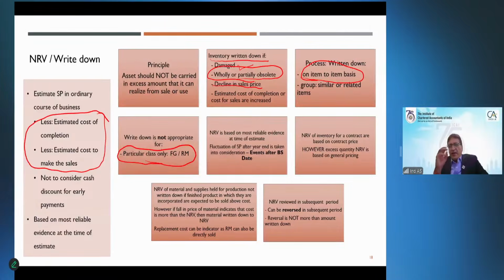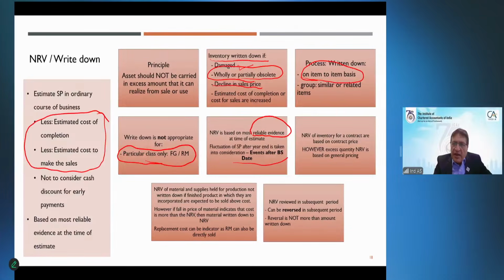In this case, you just can't do that. I would only take a particular write down or NRV testing of only a particular item or particular type of item. NRV testing has to be done on an item to item basis on a similar group, and accordingly it has to be worked out.